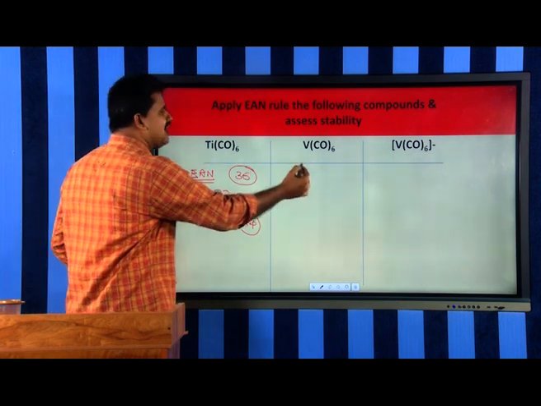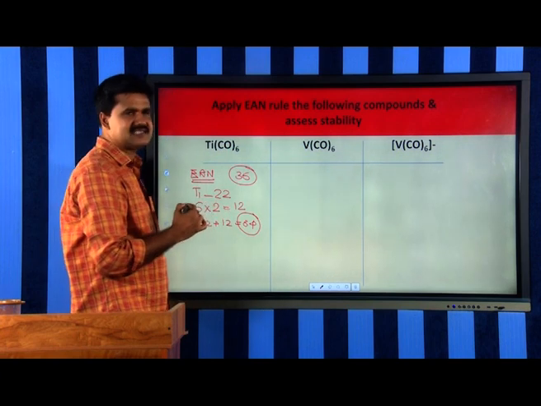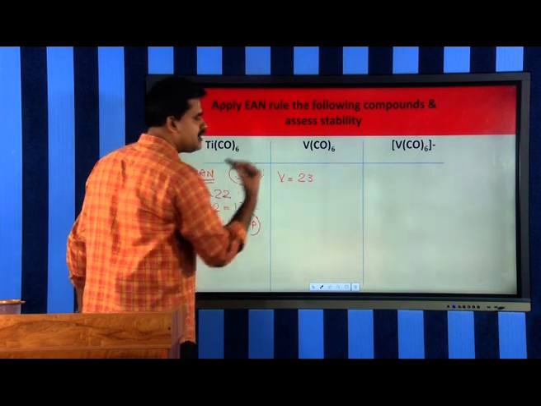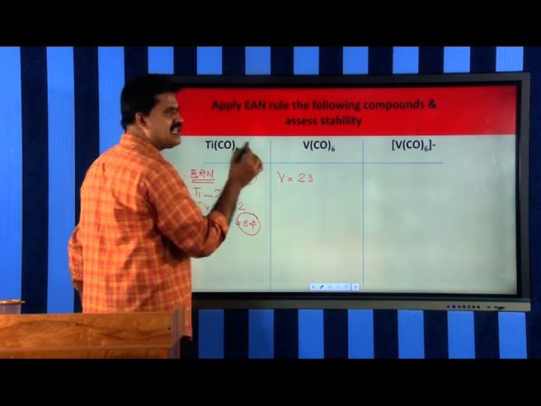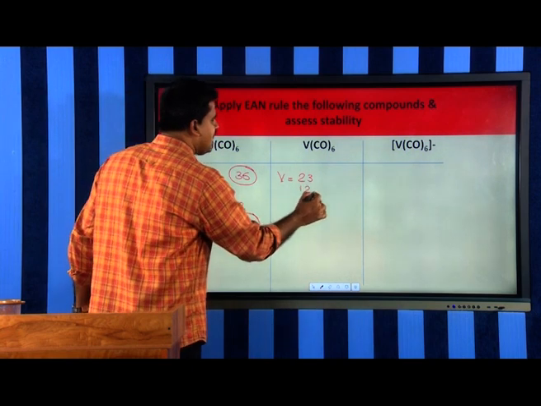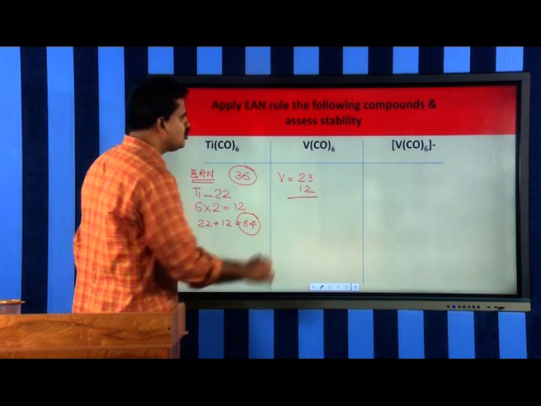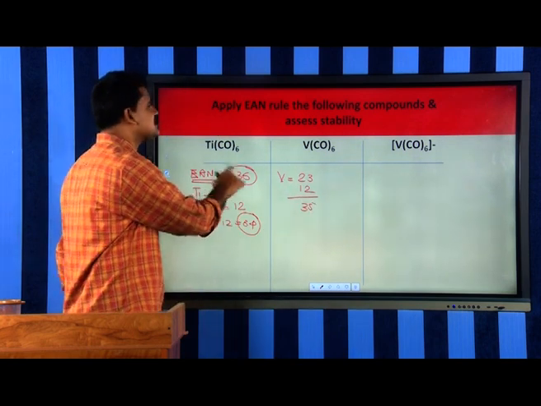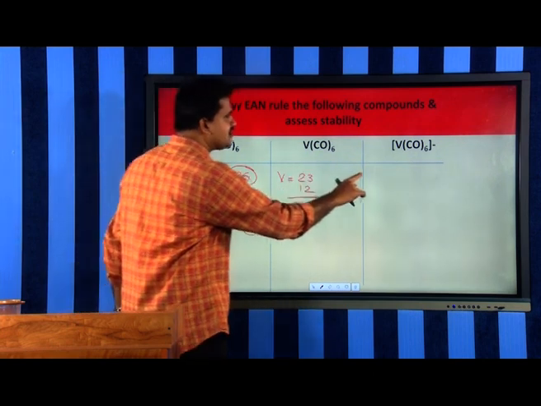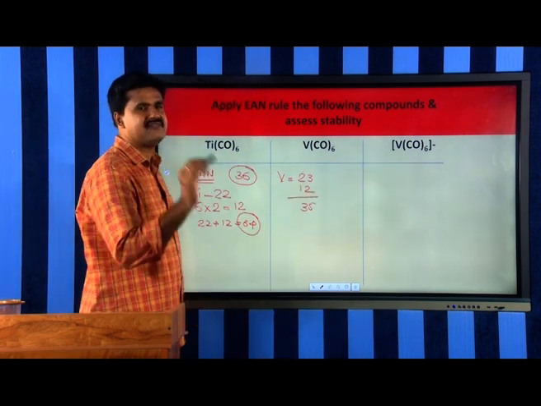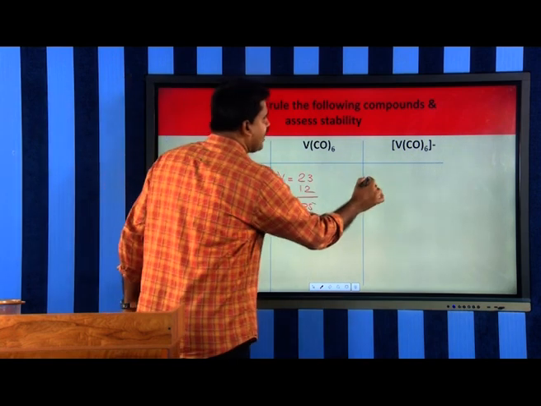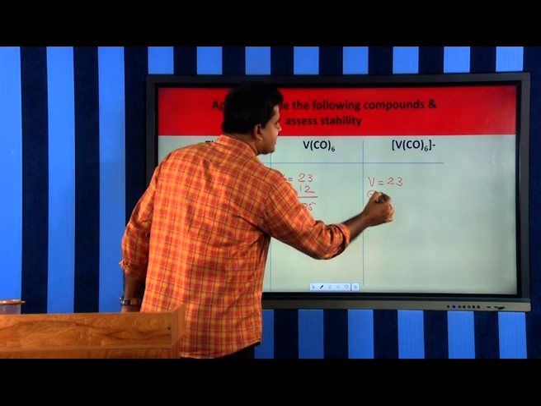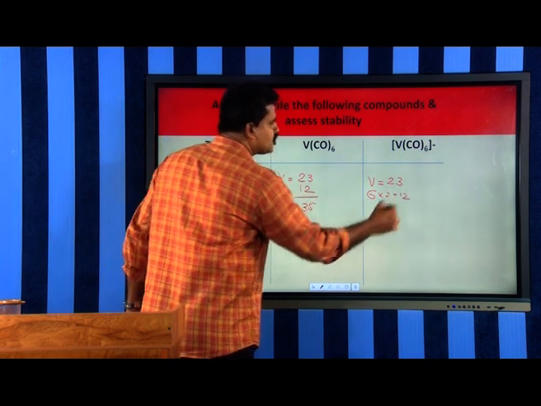We can move to another example, vanadium hexacarbonyl. Vanadium has atomic number 23. Here also 12 electrons come from the carbon monoxide ligands and the EAN is equal to 35. Again 1 electron is short of attaining the stable configuration. And finally we can take vanadium hexacarbonyl with a negative charge. Here vanadium provides the same 23 electrons. The 6 carbon monoxide ligands will provide 6 into 2, that is 12 electrons.